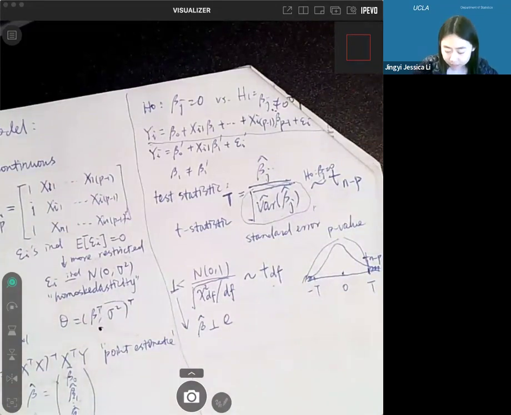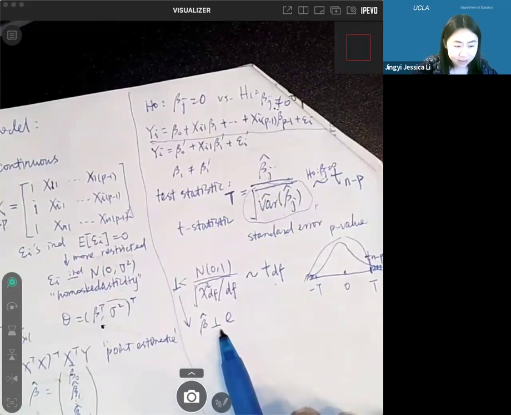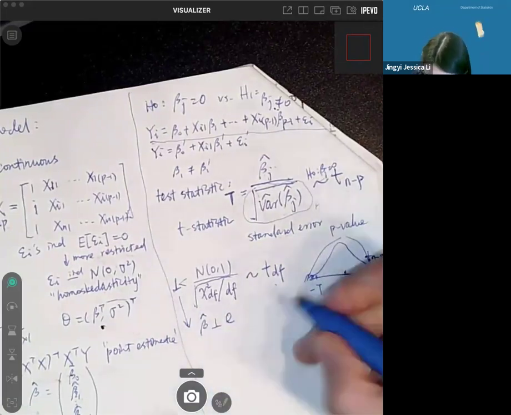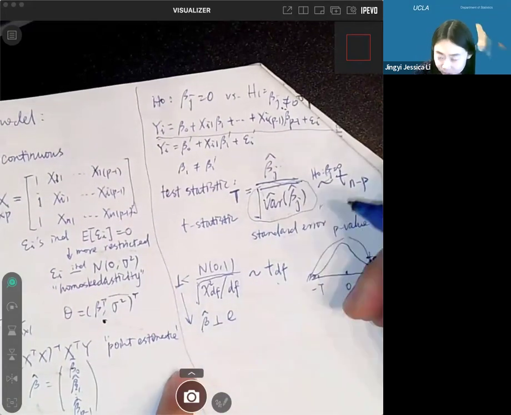And back to the independence, to check this, which I think is very fun to show, because normality really helps.